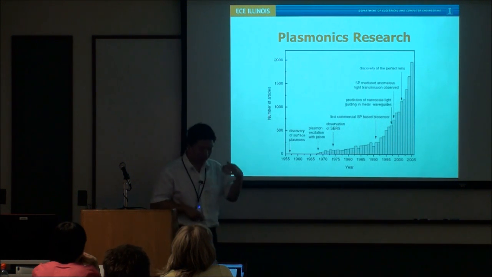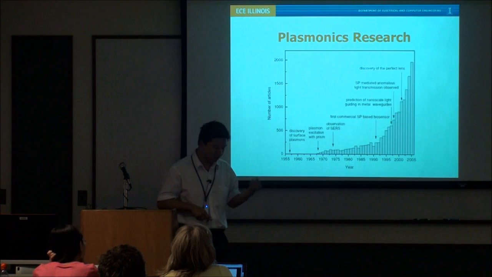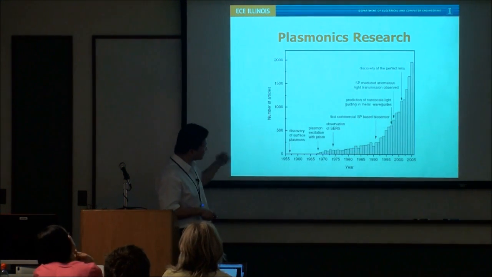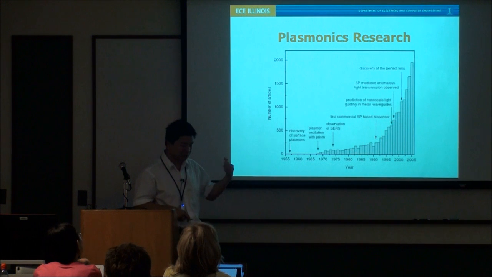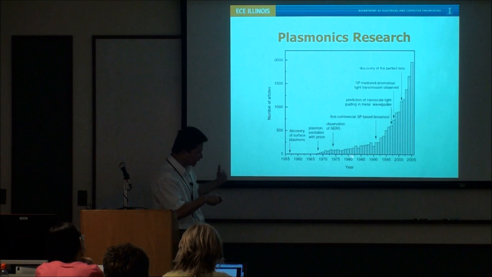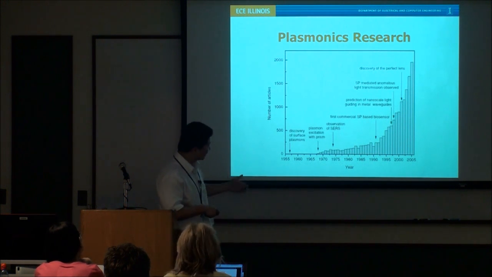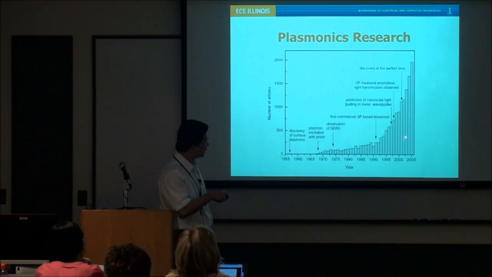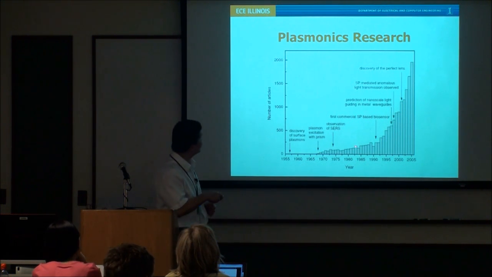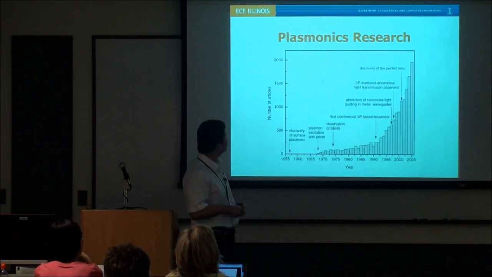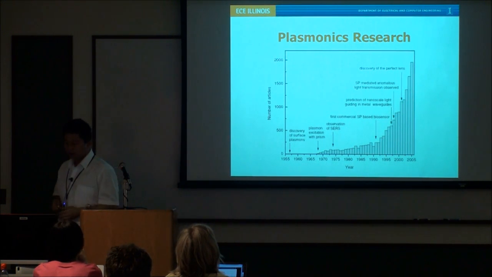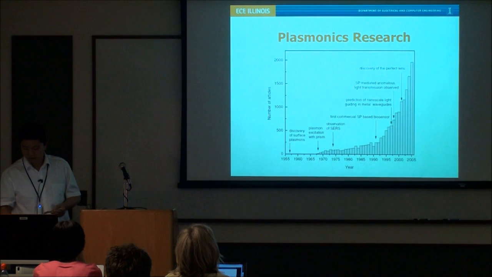However, as people continued improving engineering and manufacturing methods and discovering new materials, people started to realize plasmonic resonant devices more and more. Especially in the past decade, you see a real explosion of plasmonics research due to the advancement of nanotechnologies.